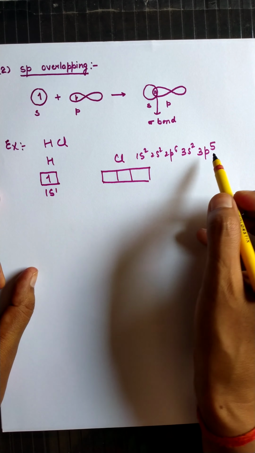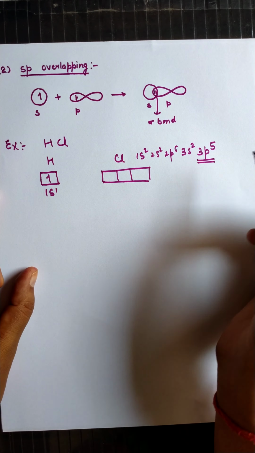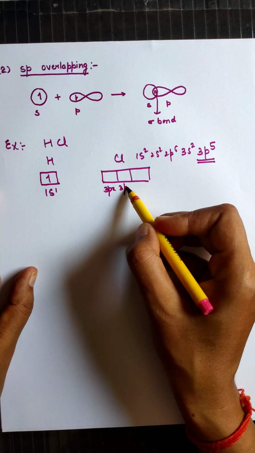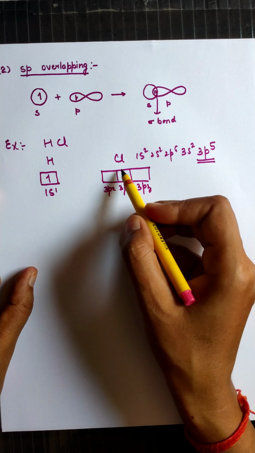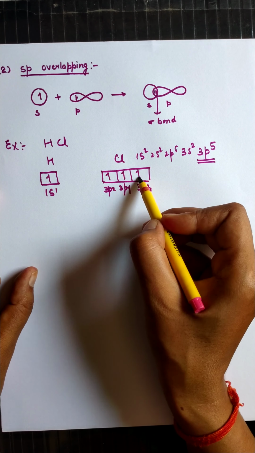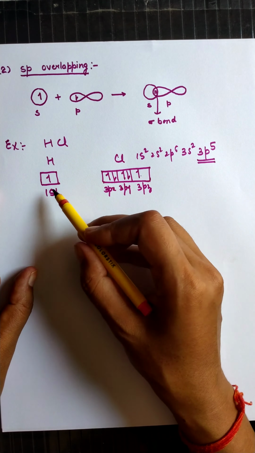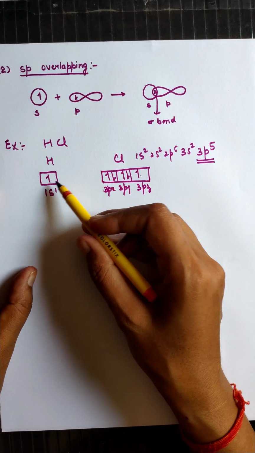In the p orbital, I am just going to draw the 3p orbital only: 3px, 3py, 3pz. So 1, 2, 3, 4, 5. Here an unpaired electron is present.